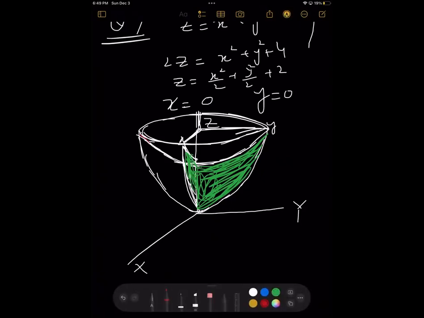I think it's a little bit difficult because it's 3D to understand. Yeah, this is the one. Okay. So when x and y are 0, it is at 2, fine. And it is shallow because our x is divided by 2 and y is divided by 2.